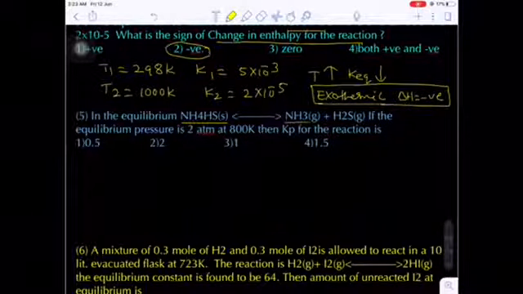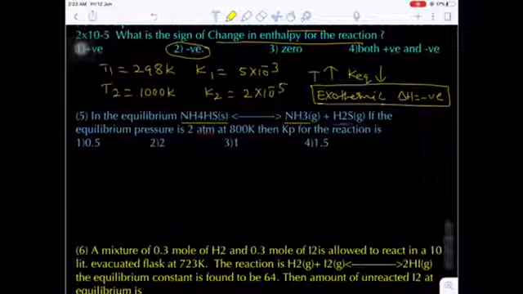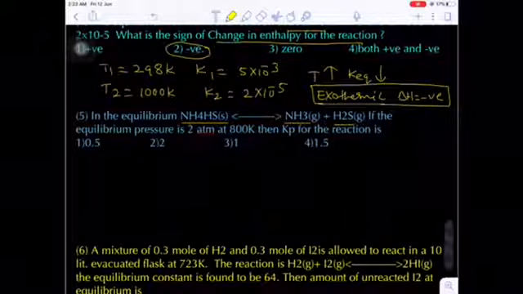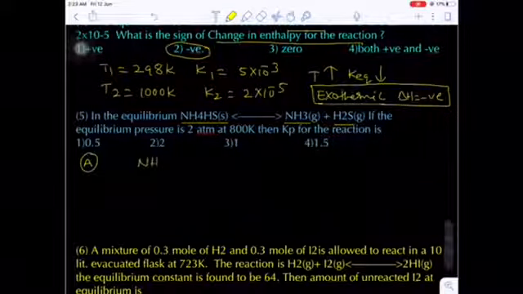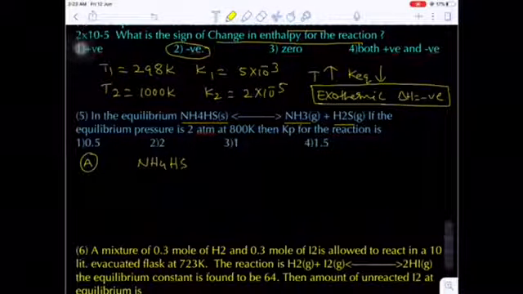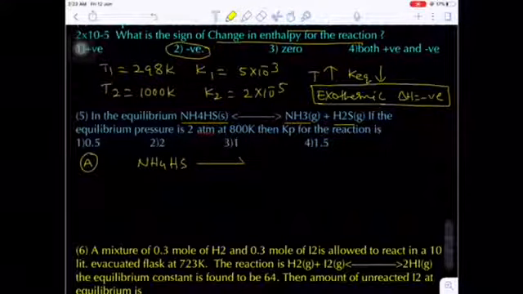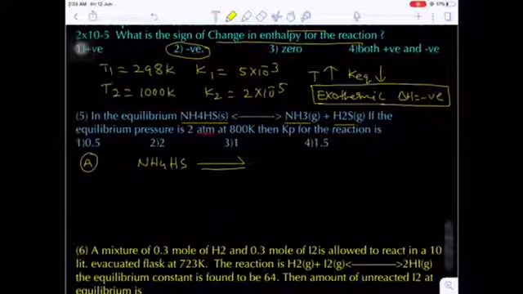Ammonium hydrogen sulfide decomposes to give ammonia gas and hydrogen sulfide gas. Now here also I am writing the equilibrium reaction.